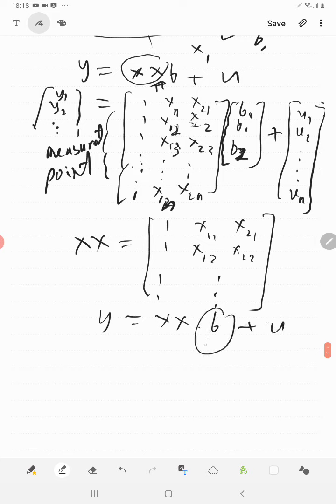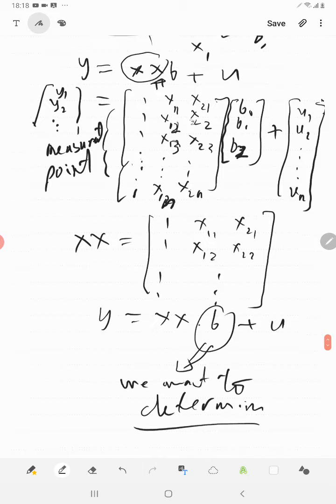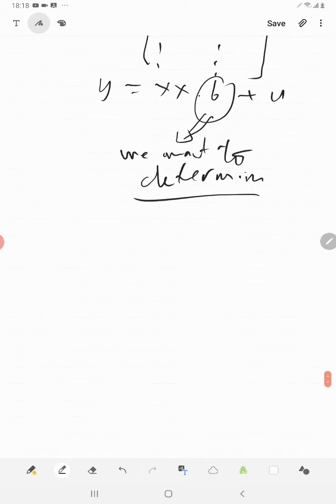Now B, we want to determine, okay? In the general form, we want to minimize this U. So U is equal to what? Y minus XX times B, as this is a matrix.